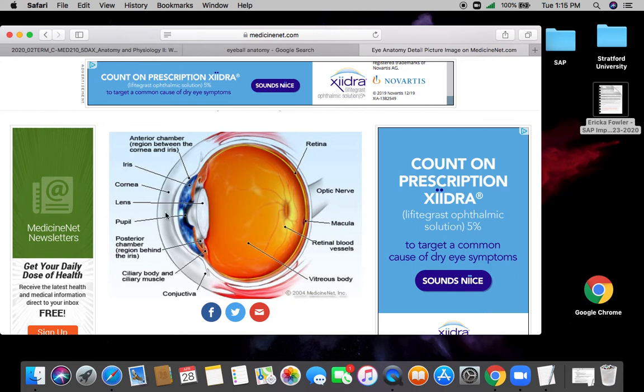And the function of all of that is to do what? Steer the majority of all the light rays, or the light waves, into the retina. Now, you have a lens here. You have a pupil that's connected to this ciliary body that opens and closes the aperture or opening here like a camera.